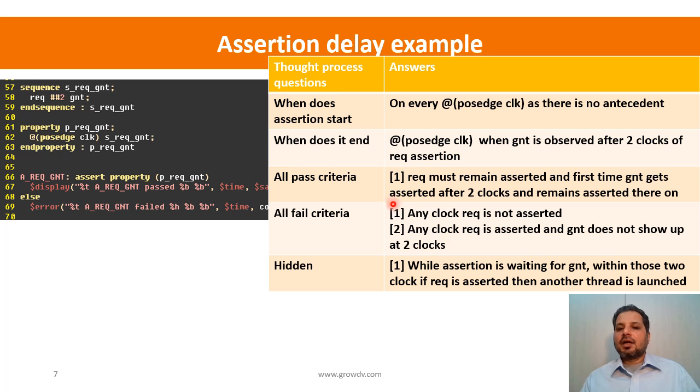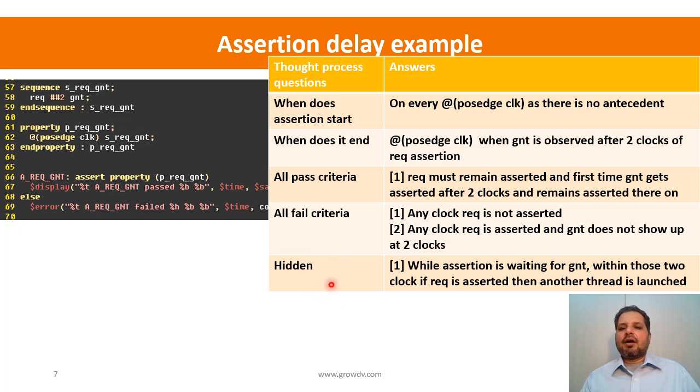Without that, a sequence by default expects that its first Boolean expression must be true on any clock cycle. So on any clock cycle, if request is not asserted, this particular property will fail. And if on any clock request is asserted and grant does not show up after 2 clocks, then also the property will fail.